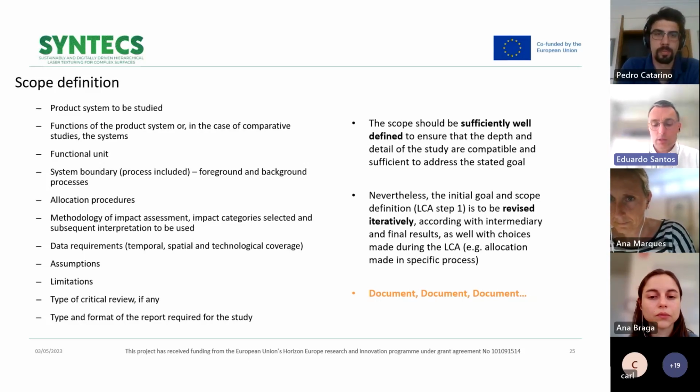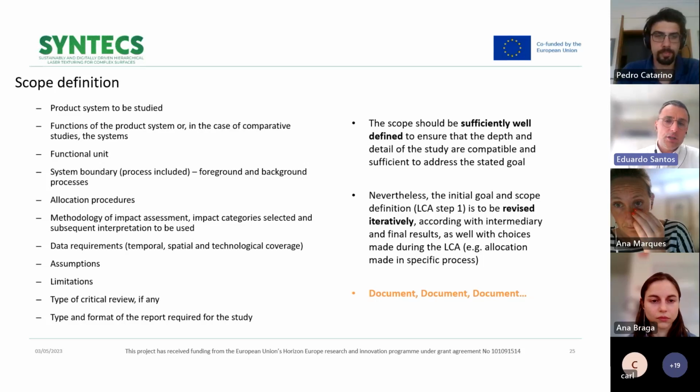So it's always possible, as I said in the beginning, to iterate back to the other stages in the life cycle development, and we can improve as we advance in the development of the study, and we check for needs to change the scope a little bit or to address some processes that otherwise we had not thought about addressing. So this works iteratively. But the most important note is that we should always document every step so that we can go back and not lose track of what we are doing and why we made those decisions while we are doing the study.